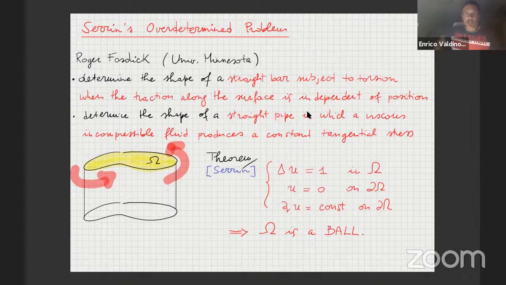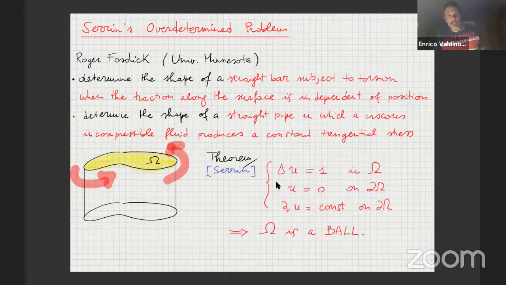In the first lecture, we introduced the function that we called big U. In that case, that was the solution of Laplacian of U equal to 1 in omega, U equal to 0 on the boundary, okay? So these first two lines would reduce to the function big U that we used in the proof of the soap bubble theorem.